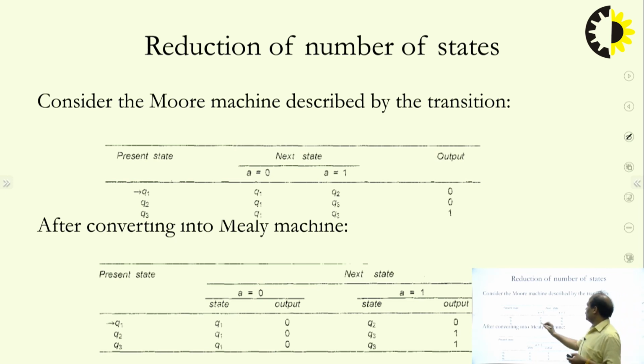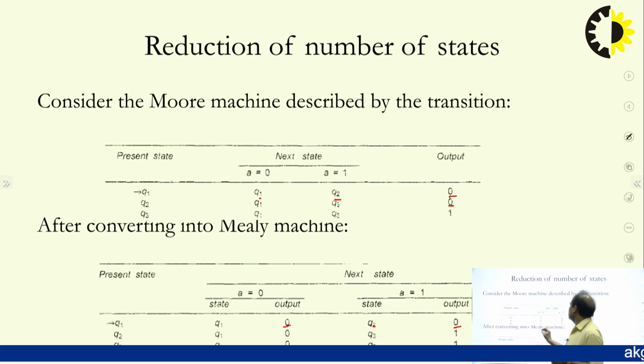Q1 on 0 gives Q1, and the output of Q1 is 0. Same thing, Q1 on 1 is Q2 and the output of Q2 is 0. So Q2 on 0 is Q1 and the output of Q1 is 0, so we write Q0 here.